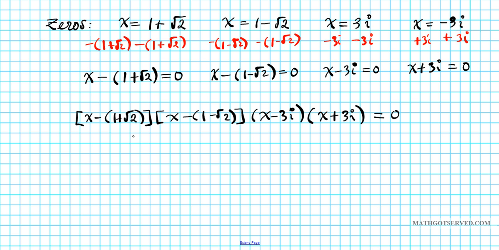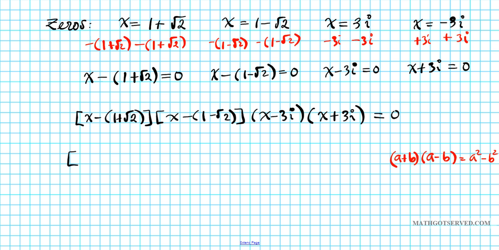Now, let's expand this part right here. To do this, we can take advantage of the difference of squares formula. a plus b times a minus b expands into a squared minus b squared. Here we have a difference and a difference, so we can't use it directly. I'm going to use the associative property to reassociate the terms so that I can take advantage of this formula.